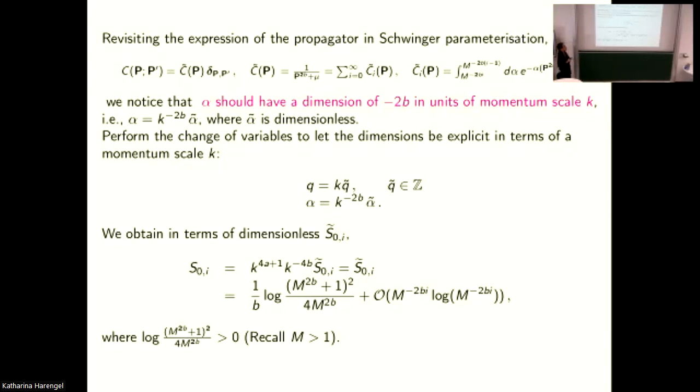So you have to take care of that. Q is also a momentum, so you have to take care of the fact that it has dimension in momenta. If you take care of this change of variables, for the 4-point function this quantity was still dimensionless, it just happened to be. So it's still the same.